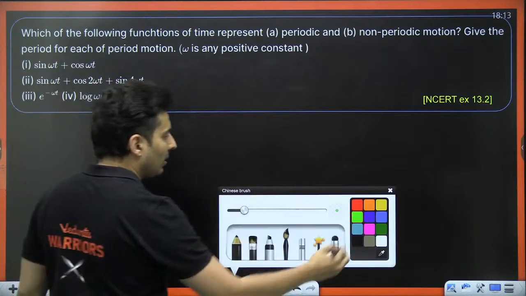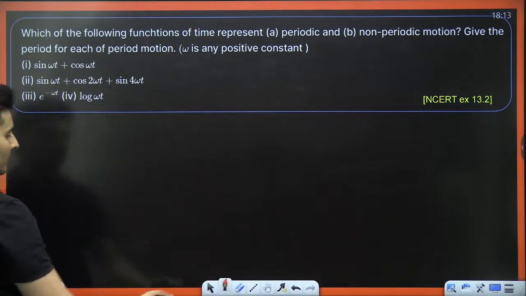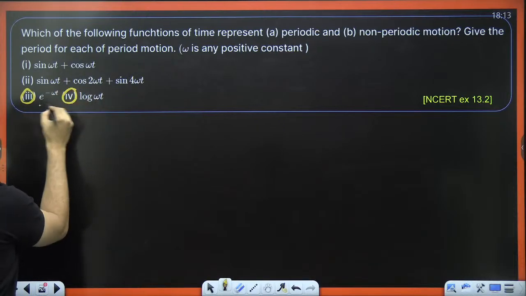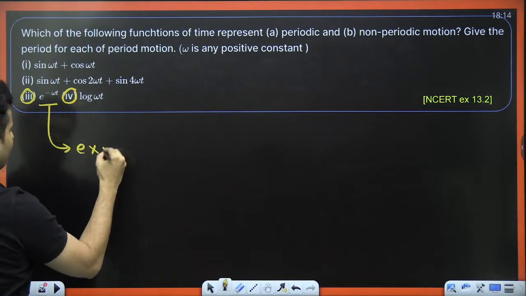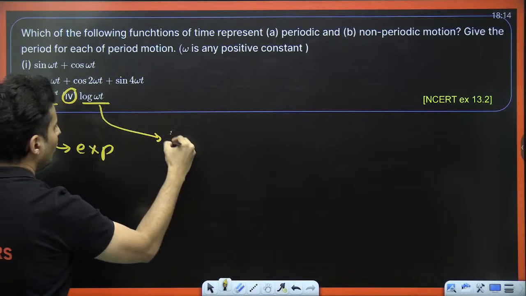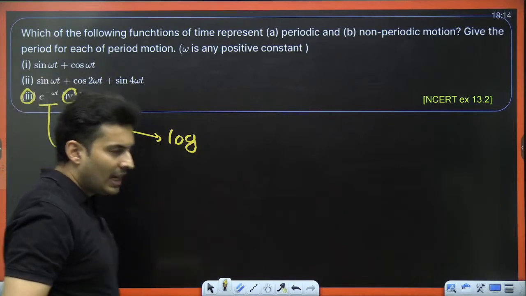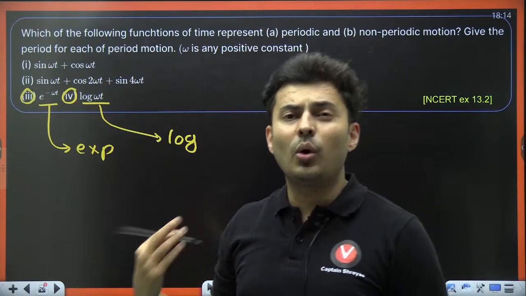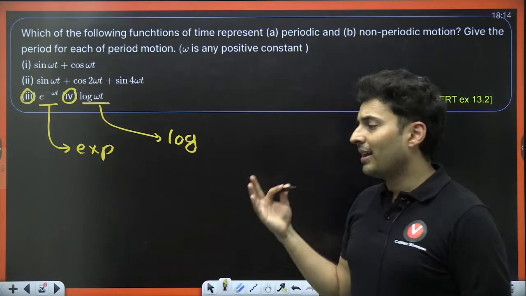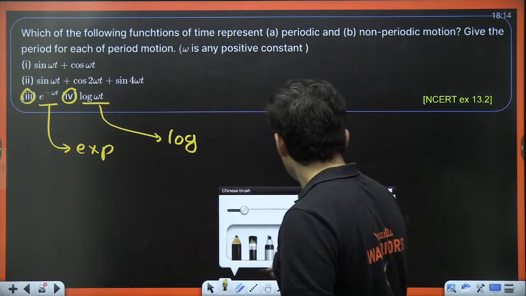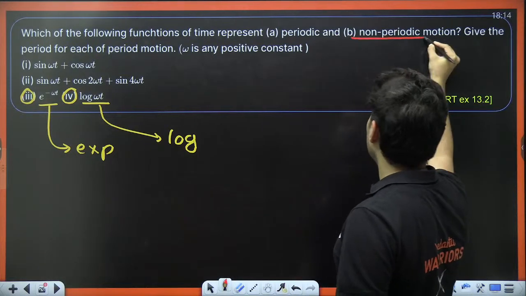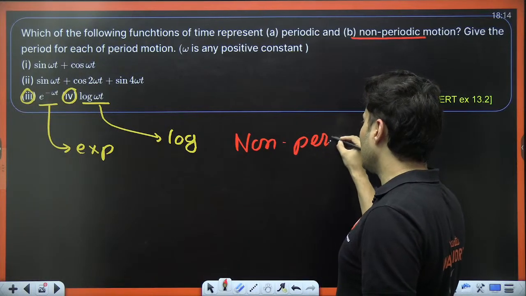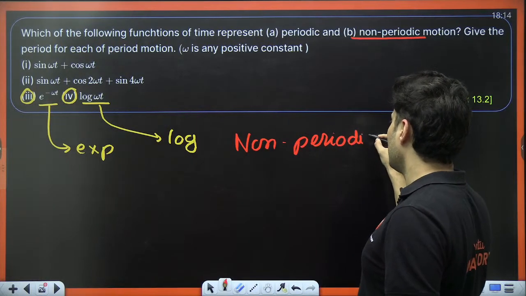Now, if you talk about the third and the fourth, either this or this is an exponential function, this is a logarithmic function. Exponential, logarithmic, inverse trigonometric, all these functions often are non-periodic in nature. So I'll just say that they are non-periodic. Their graphs don't repeat themselves.